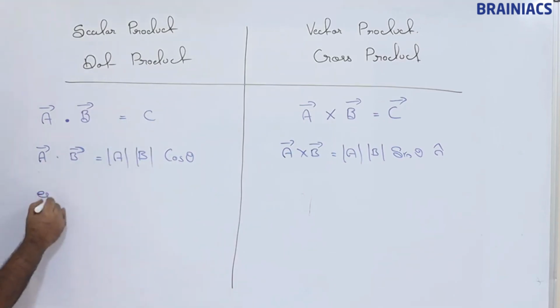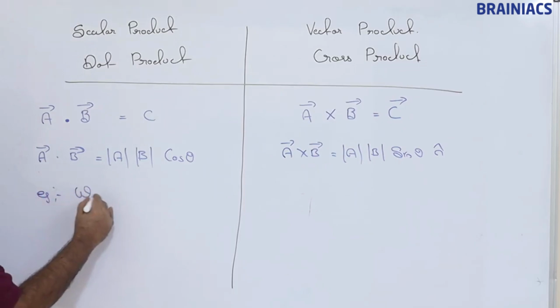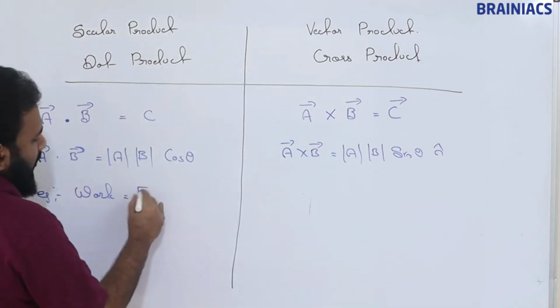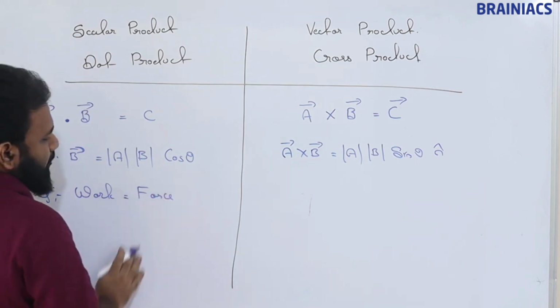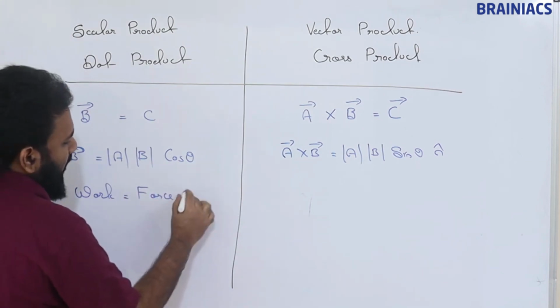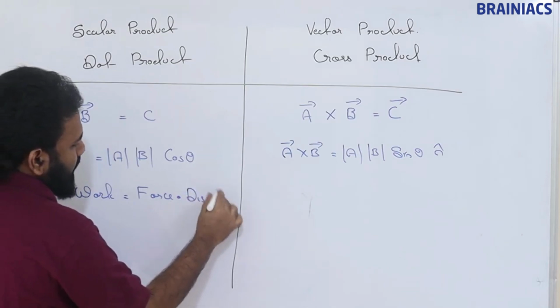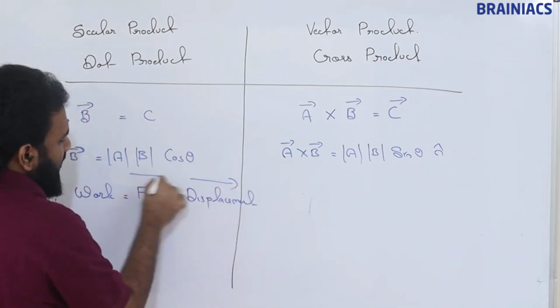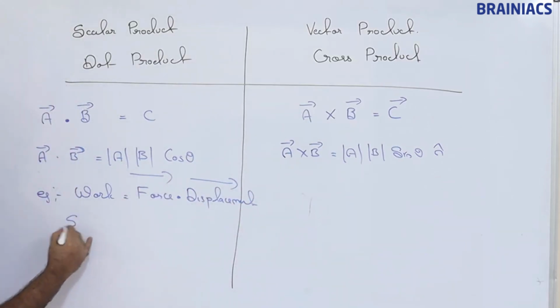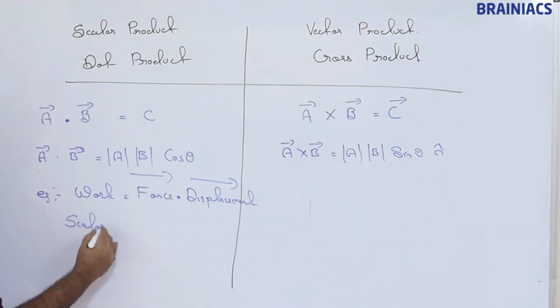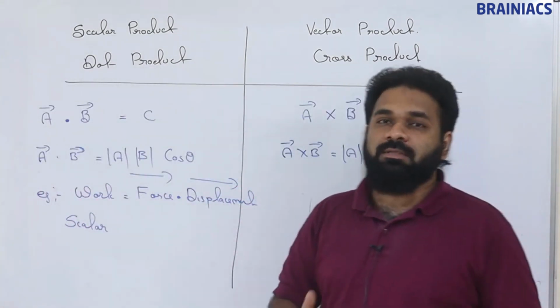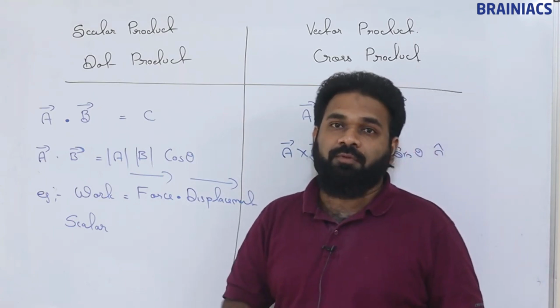Example. We have studied work. Work is nothing but force dot displacement. This is a vector, this is a vector. What about work? This is a scalar. So in physics, work has its own definition.